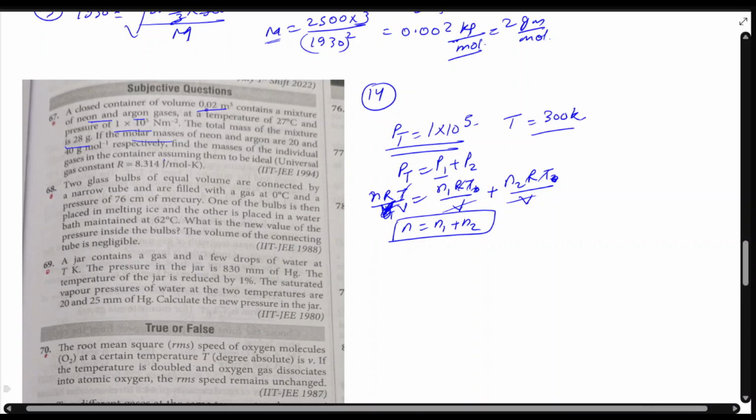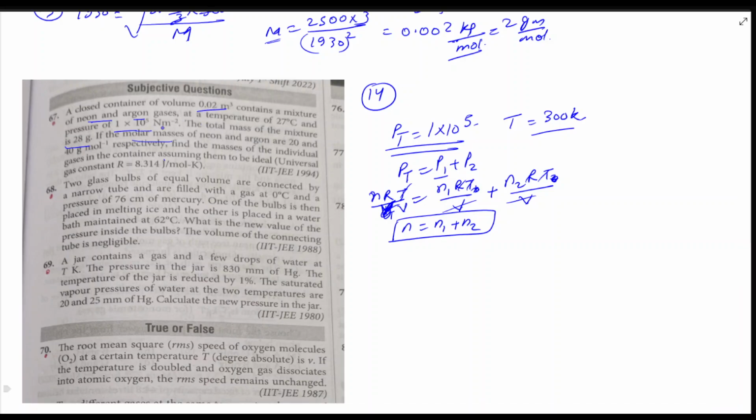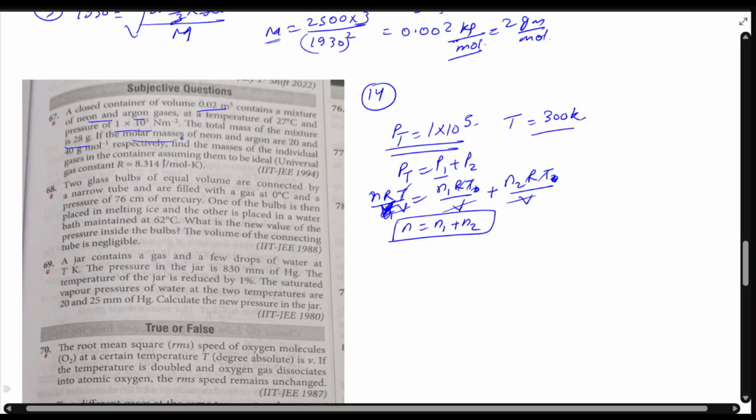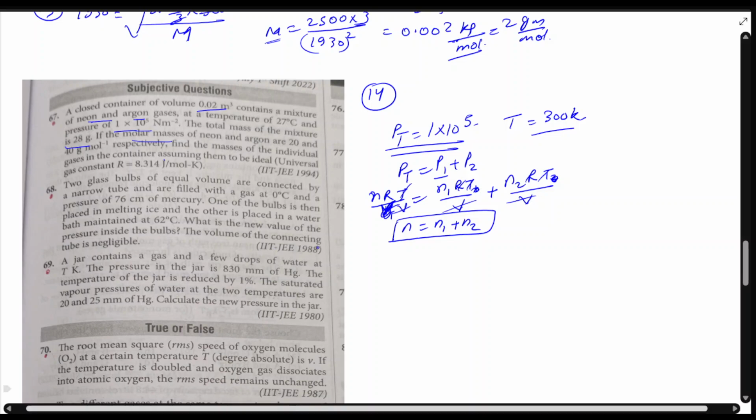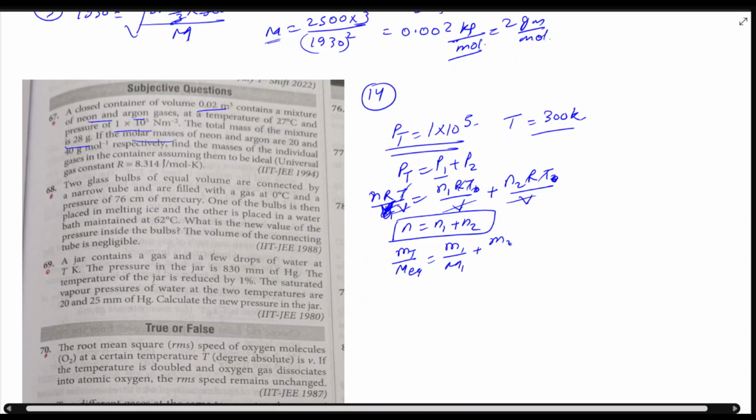So we have volume and we have temperature. We have the volume. So how can we solve it? Let's just say the molar mass of the mixture is M equivalent. We can write the total mass upon M equivalent equal to M1 upon capital M1 plus M2 upon capital M2.